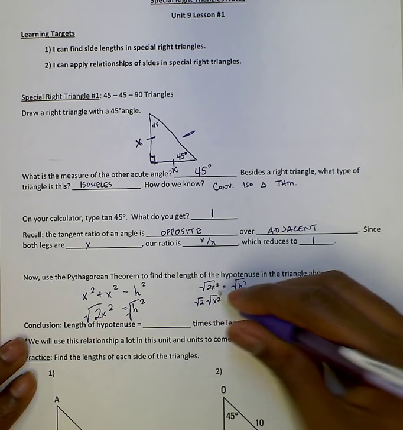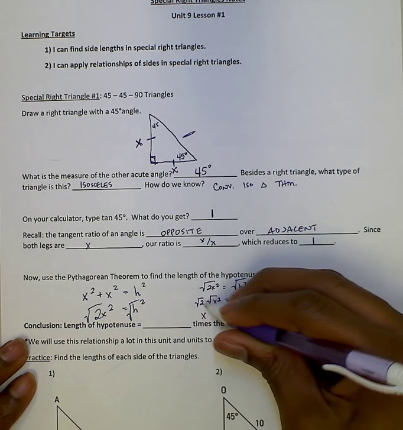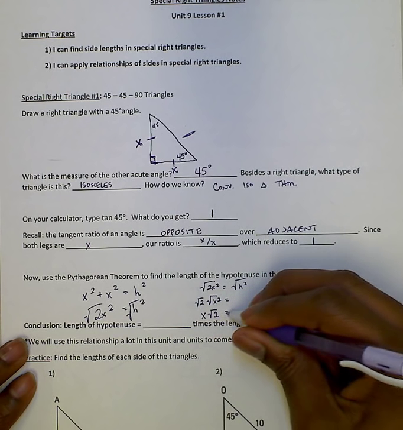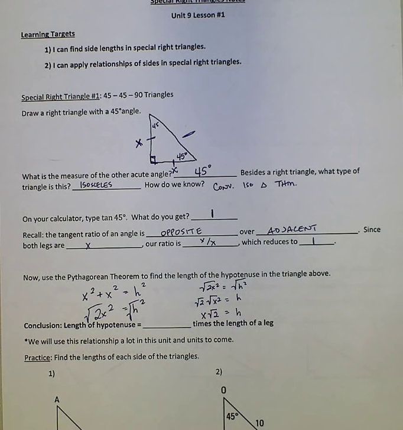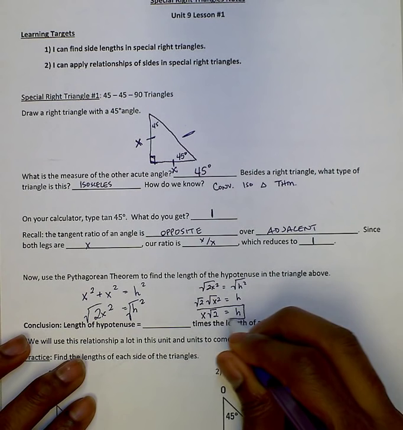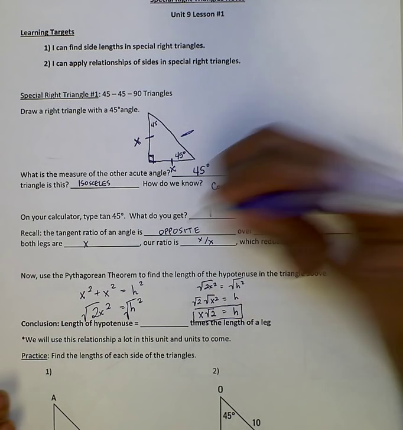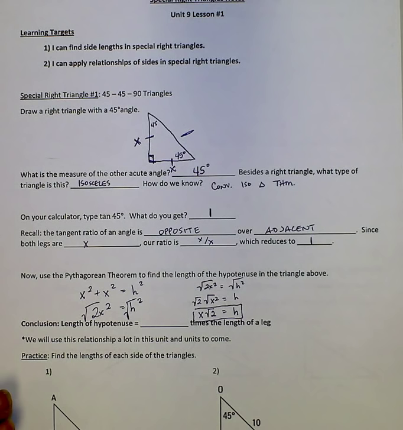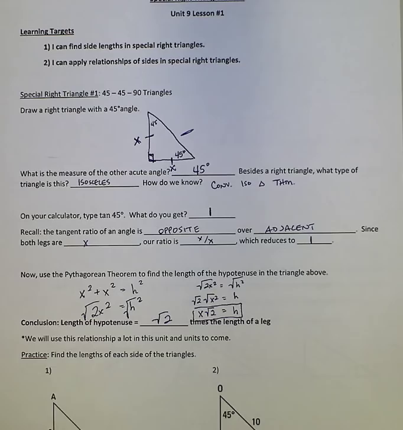The square root of x squared will give us x. The square root of 2, like we said, doesn't have a perfect square. So what we see now is that this hypotenuse is always going to be x radical 2. Whatever this side length is times radical 2. So the length of the hypotenuse is radical 2 times the length of the leg.